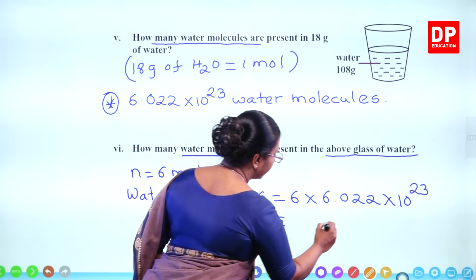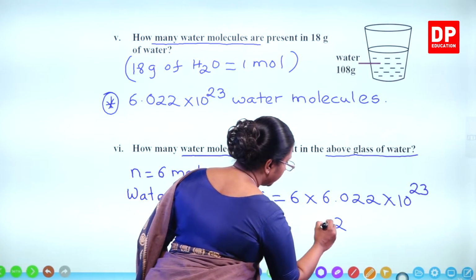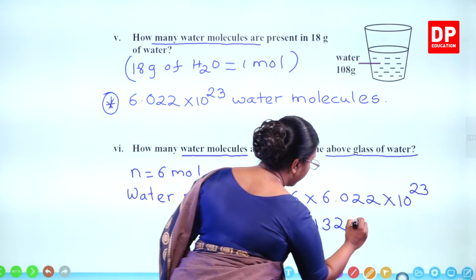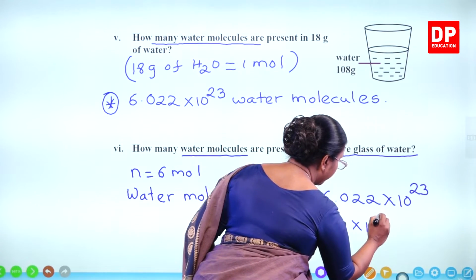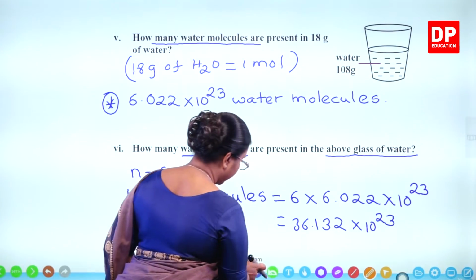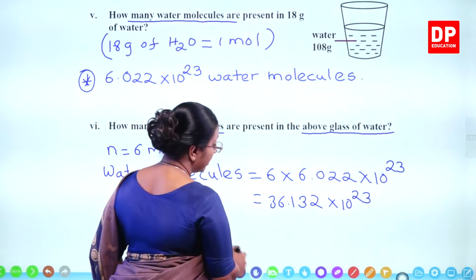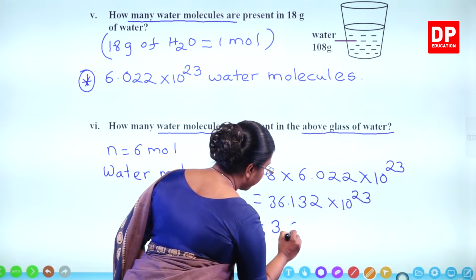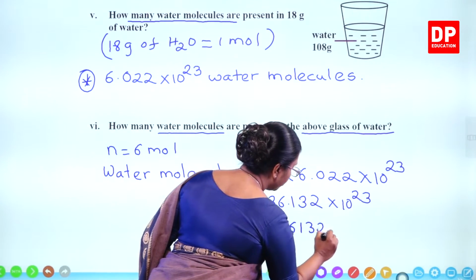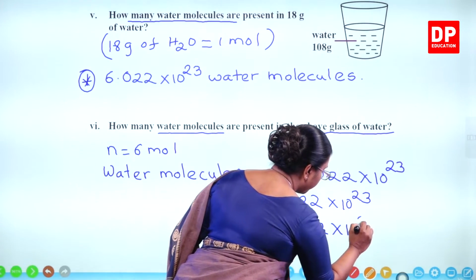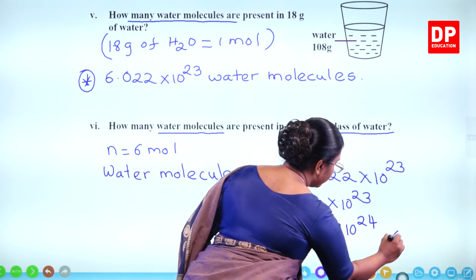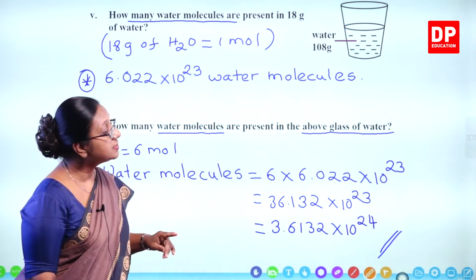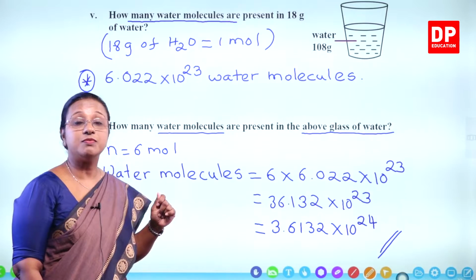So when you calculate the value, 36.123 into 10 to the power of 23. We can slightly rearrange it and write it in the standard form, 3.6132 into 10 to the power of 24. So that is the water molecules present in the above glass of water.